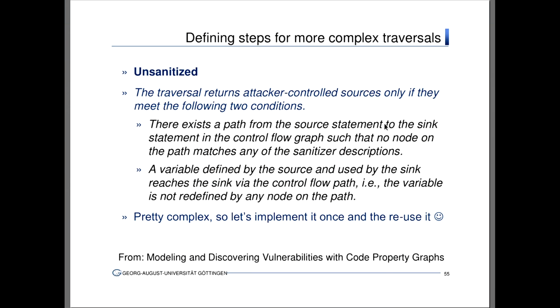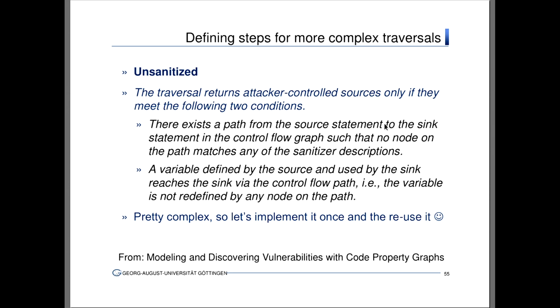If you formulate this in complete form, the traversal returns attacker-controlled sources if and only if there's an if missing, if they meet the following two conditions. First, there exists a path from the source statement to the sink statement in the control flow graph such that no code on the path matches any of the sanitizer descriptions. These descriptions are something that you pass in there.